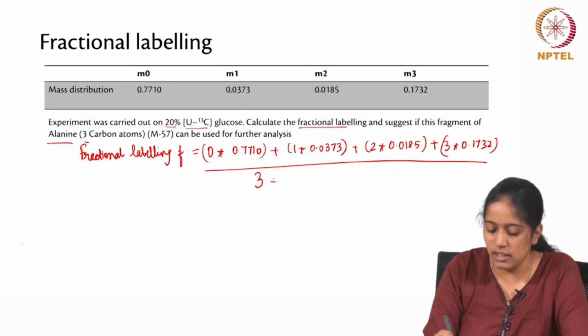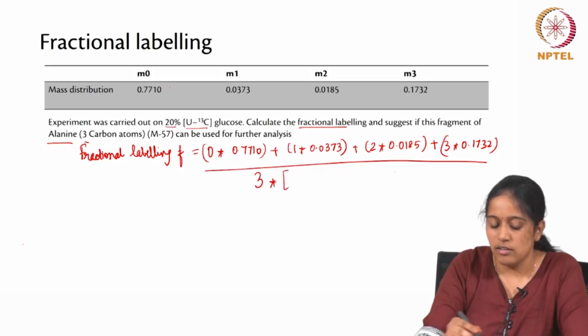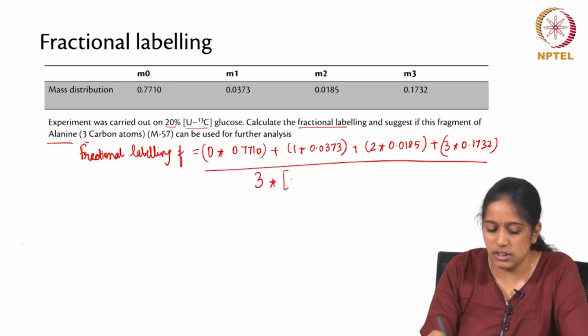So, you have 3 into the sum of all the mass distributions which is given here.